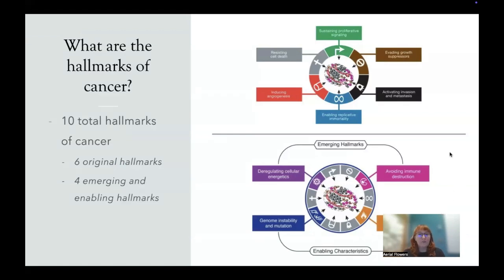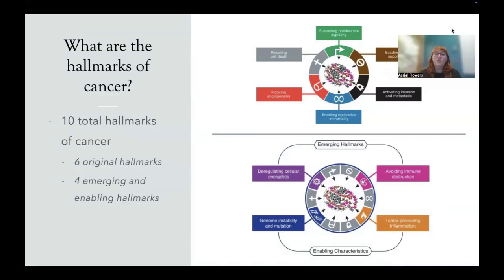What are hallmarks of cancer? The hallmarks of cancer describe the distinct characteristics that cancer cells acquire when developing to form a tumor. There are 10 established hallmarks of cancer, 4 of which are emerging and enabling hallmarks.